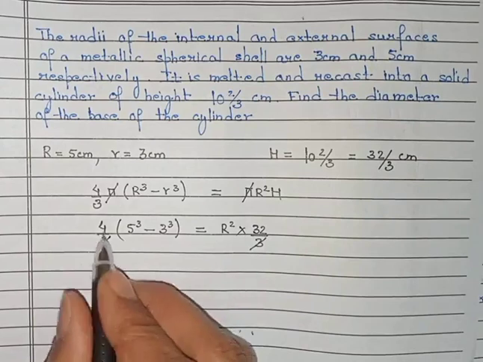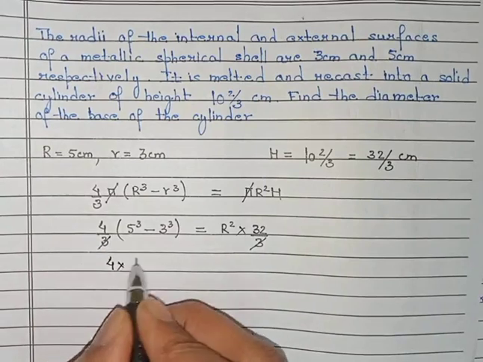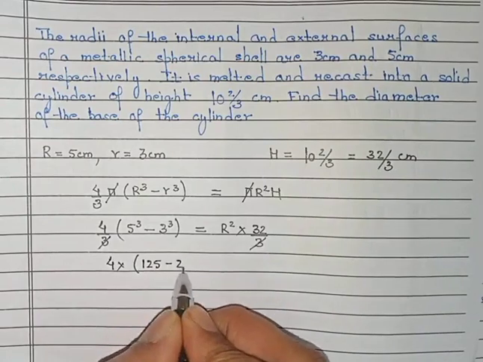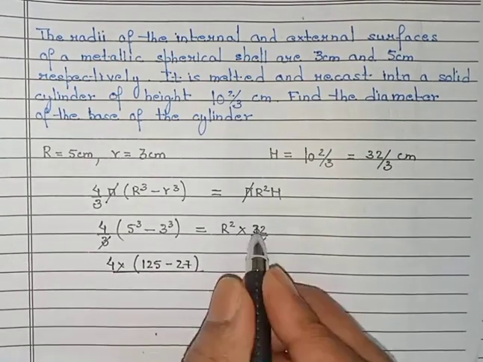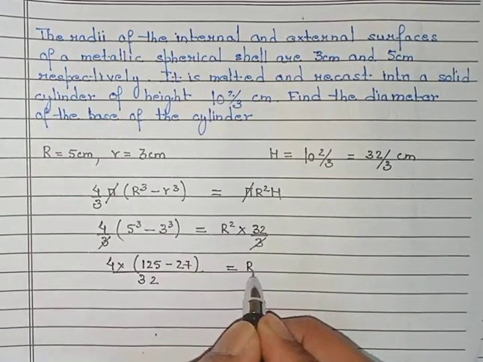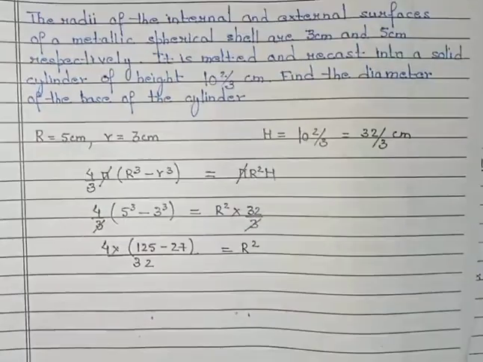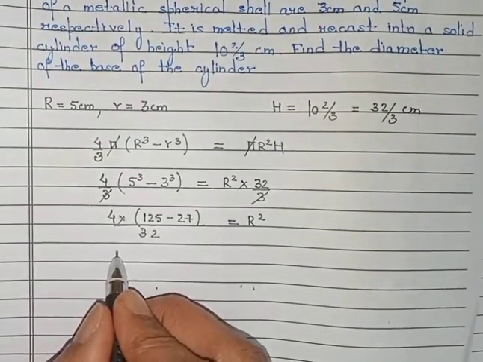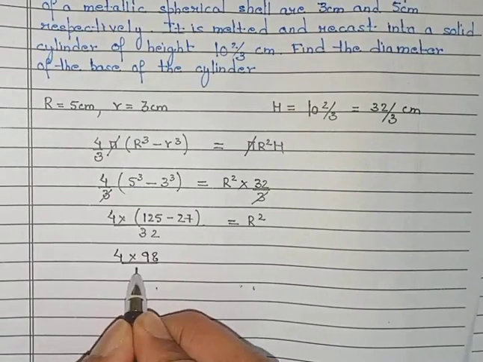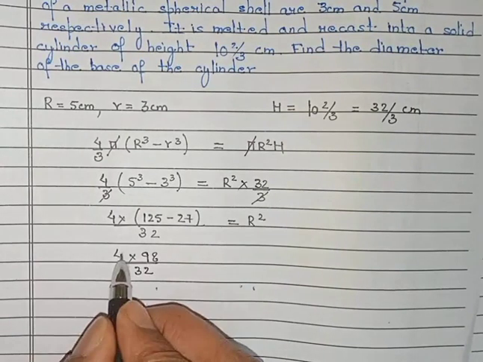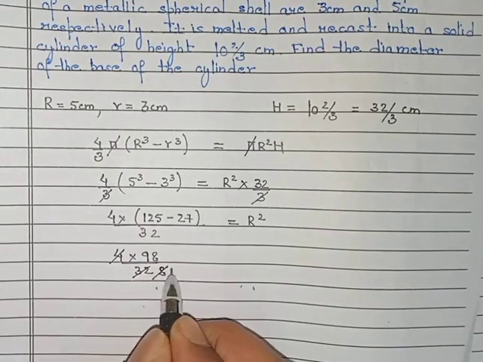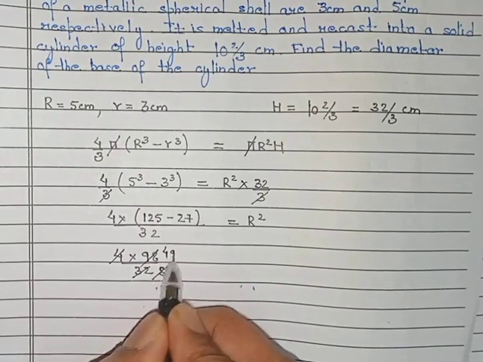Now do the cross multiplication. On the left side this will be 4 into, within the bracket, 125 minus 27, and then you cross multiply with 32, is equal to r square. As we simplify it, it's 4 into 98 upon 32. So 4 will reduce 8 times, 2 will reduce 49 times here.